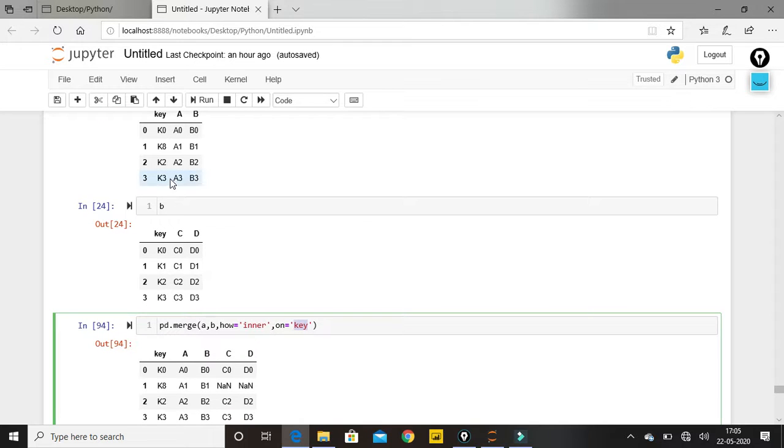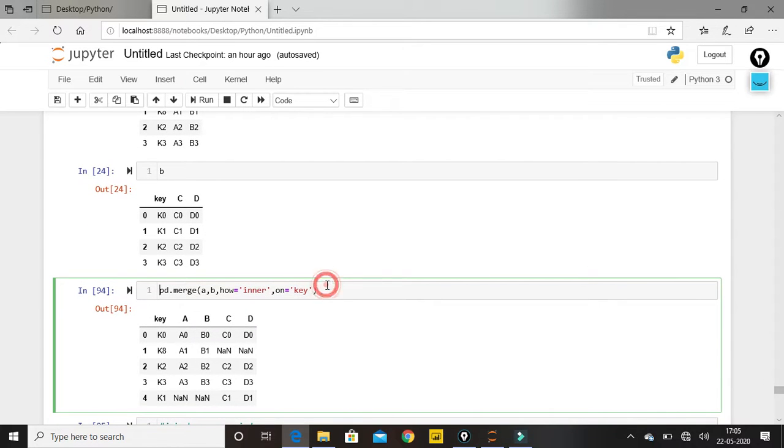So you'll be able to find it has created 4 indexes, 0 1 2 3, which were there in my original data frame, and then it merged my columns. How? Key, A, B were present in my first data frame and C, D were present in my second data frame. Key is common, so it is common. Now if you notice, key is k0, k8, k2, k3, right? So it will only give us the intersection.